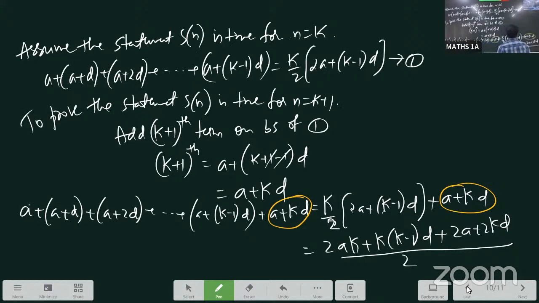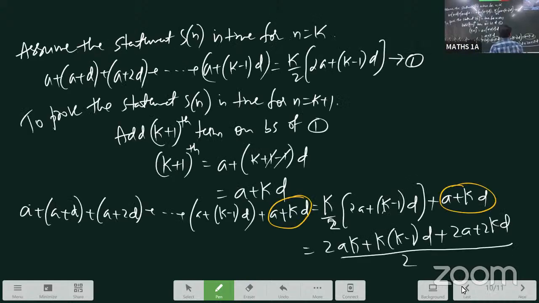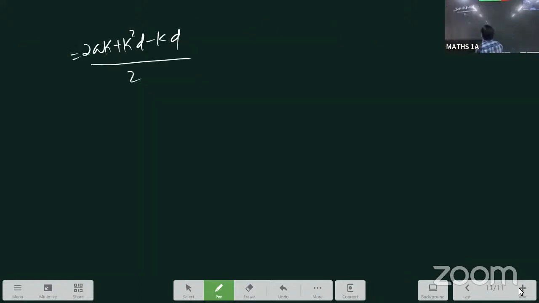That is equal to 2ak plus k square d minus kd plus 2a plus 2kd, whole divided by 2.